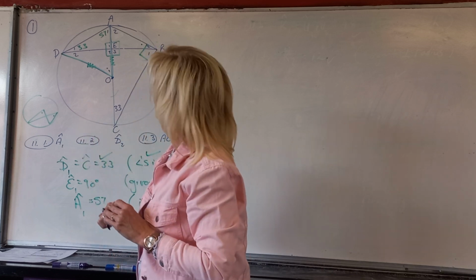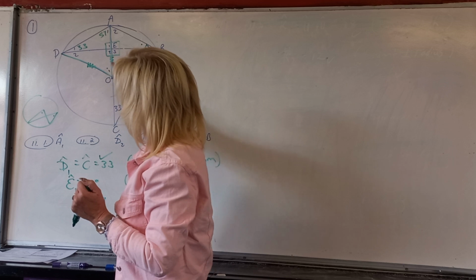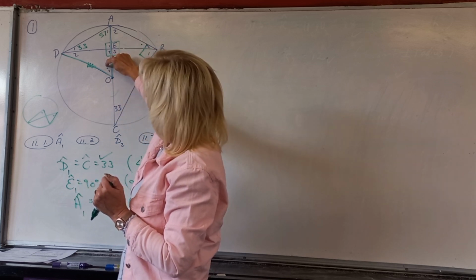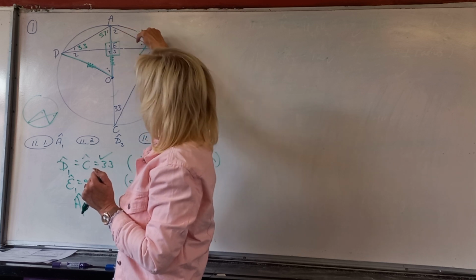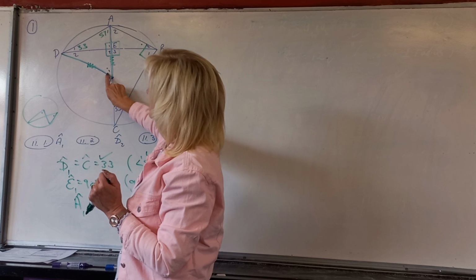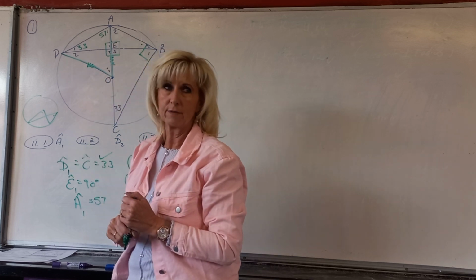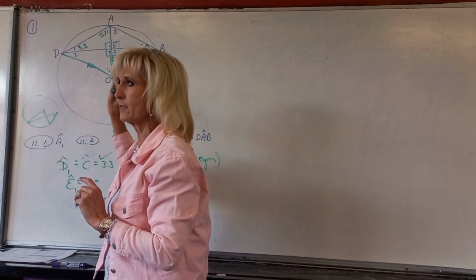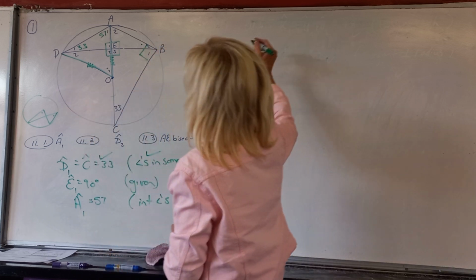Well, was that the only way of doing it? Definitely not. Because angle at the center I could have found. Could I? I could have found it with this. And if I had 57 there, I'd have 33 there, 33, 66, and I could have done sum of the angles of a triangle. Other ways of doing it. Are you with me? But I like to always remind you of the isosceles because it helps 99% of the time.